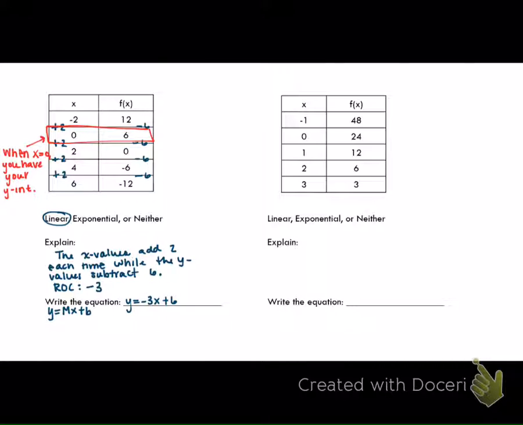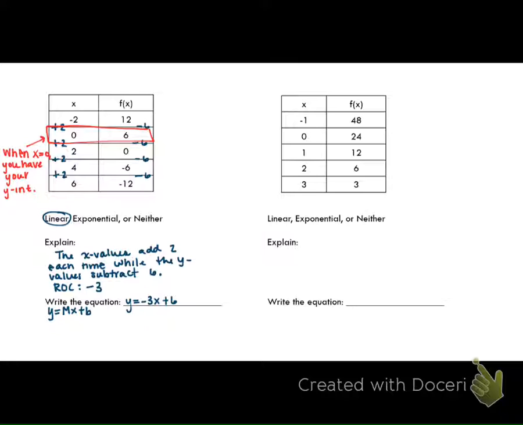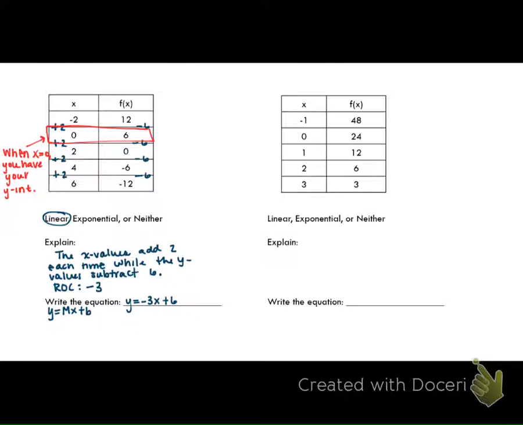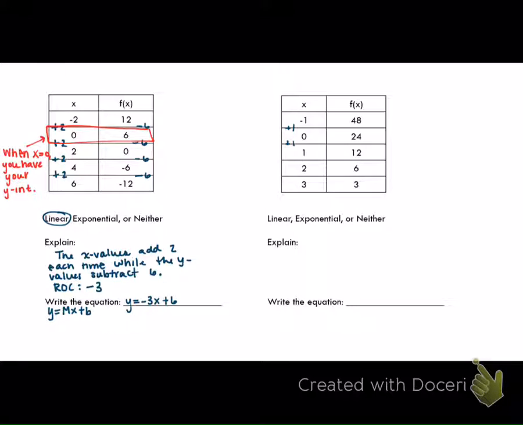All right. Morgan, linear, exponential, or neither for that second example on the slide? Why? You're multiplying by half. As x increases by 1, because remember the x's have to be increasing by 1, you are multiplying by 1/2 every single time.